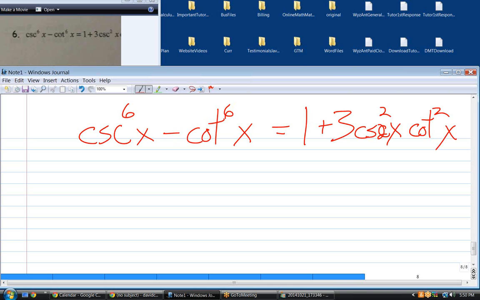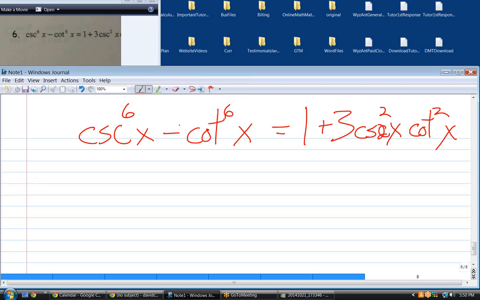But after last night, I'm thinking the way to go is to factor this as difference of cubes, because it gets down immediately to squares and cotangents. Let's start with that.